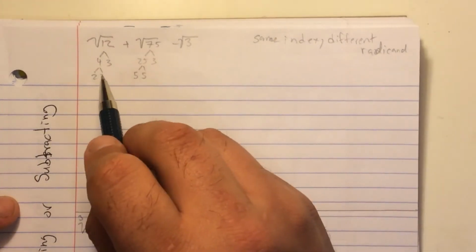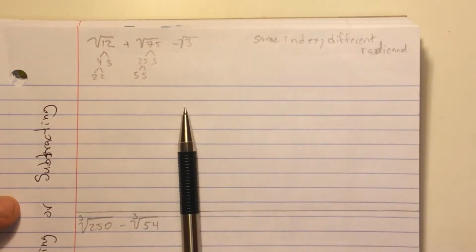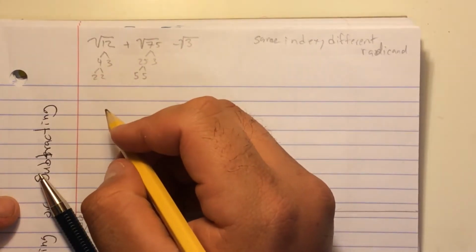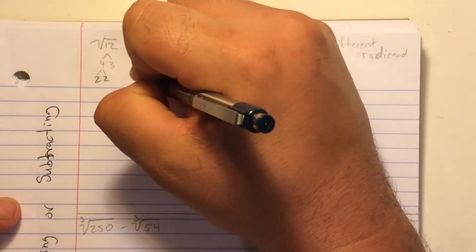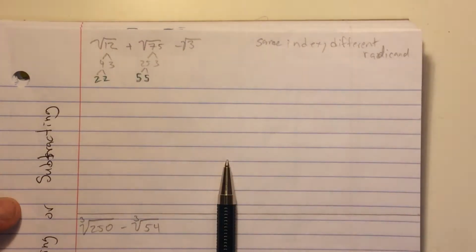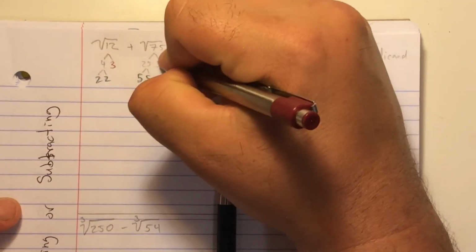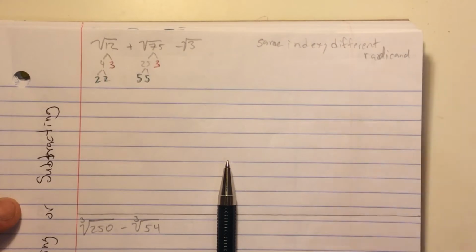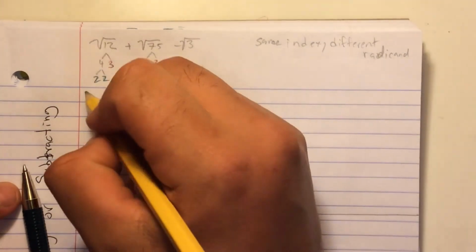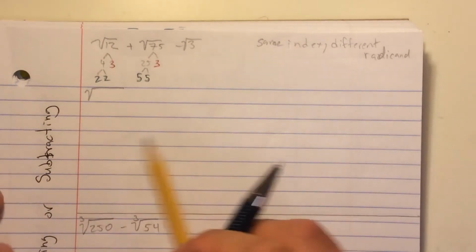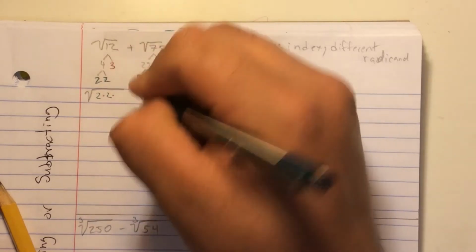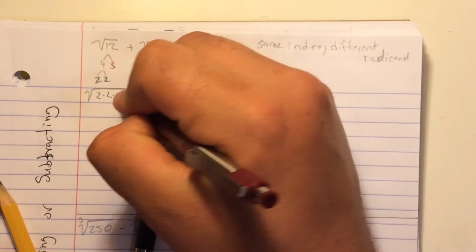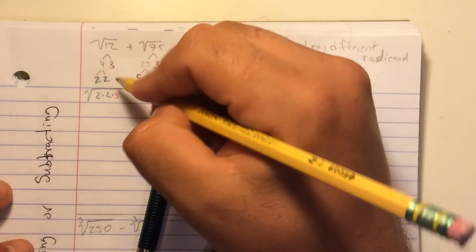So now we're going to rewrite these. I'm going to pair up all the ones together first. So we have 2 and 2, 5 and 5, and then what's left over is our 3 and our 3. So when we write these in our radical, we're going to have the square root of 2 times 2 times 3, and we have our plus symbol.